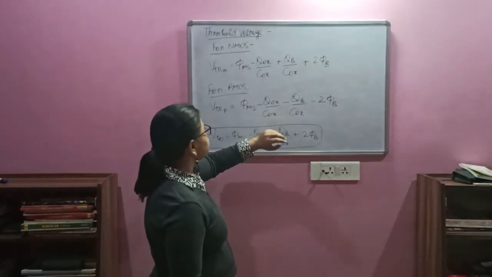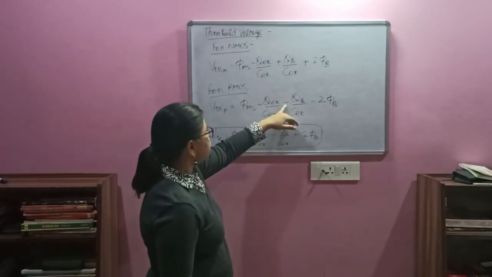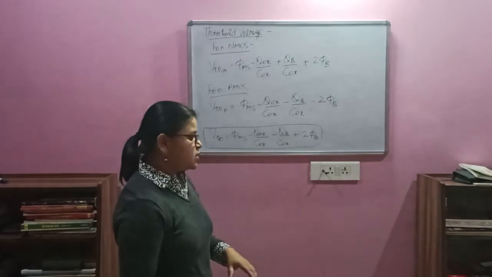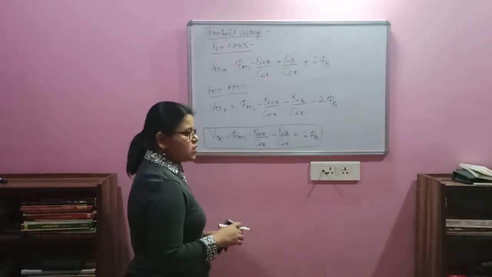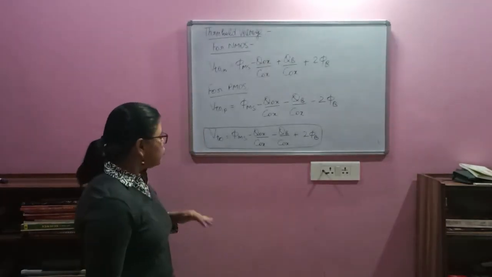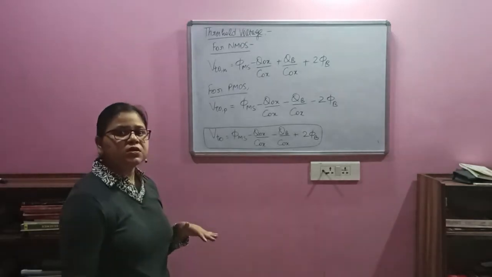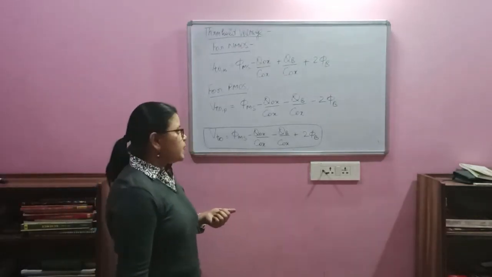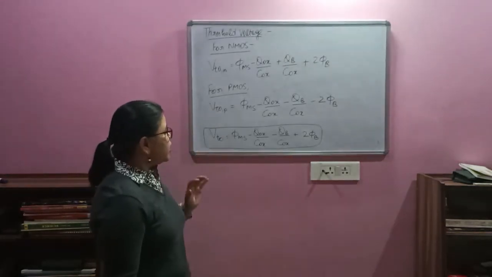So this minus sign will be over here, and here, because of the holes, we will have a plus sign. So this is how we state a zero biased threshold voltage, meaning a threshold voltage without the substrate bias effect, and this is the equation for it.